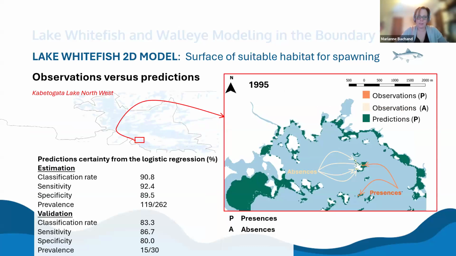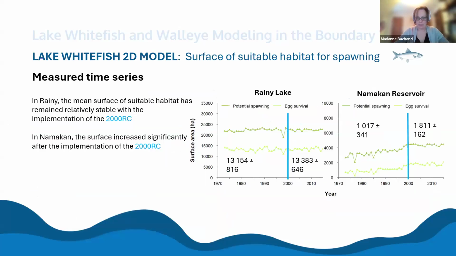So we link those notes from those two fishermen to the physical variables. And then we project the model, and here you have the absence and presence for the year 1995, and in green you have where the model is calling for a suitable habitat for lake whitefish spawning. Again, we have run it for several water level time series.